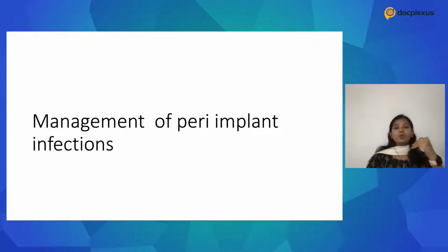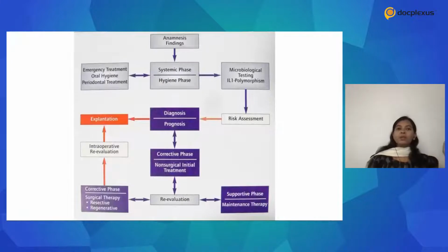So now moving on, in short, to management of peri-implant infection. You can basically take this as a small risk assessment diagram. When you have properly diagnosed it, explain to the patient, do the intraoperative reevaluation, and you can go in for a corrective phase.